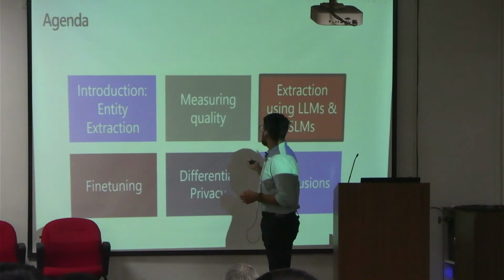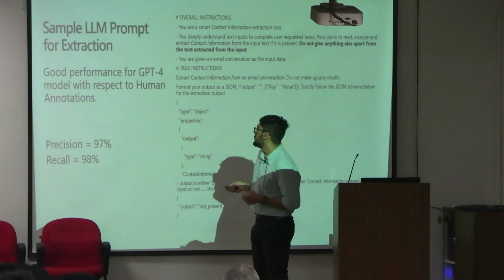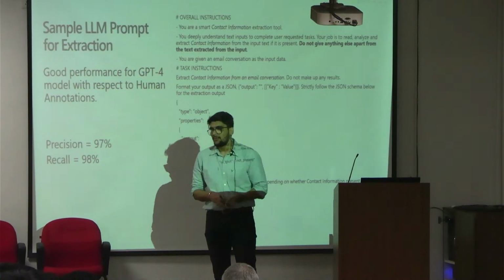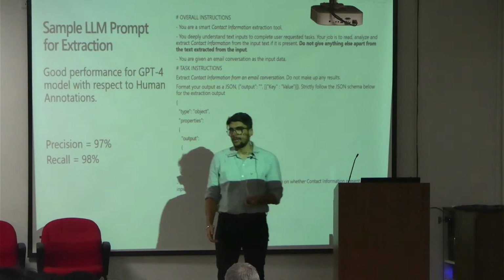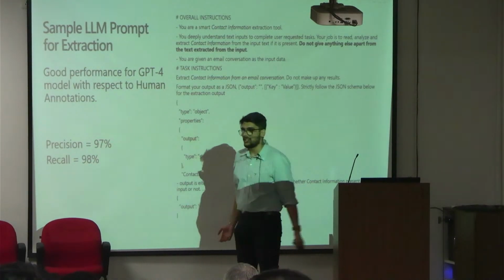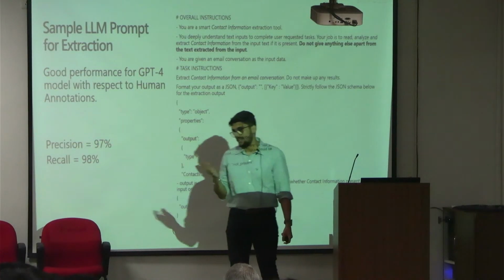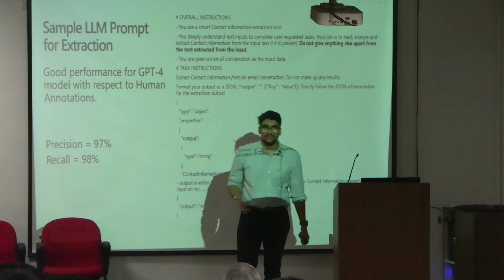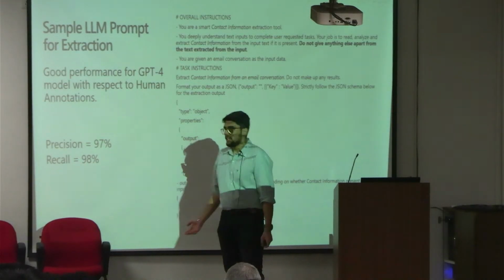I'll now go to how we actually do these extractions. First, the simplest idea that we had was to write a detailed prompt of what entity we want and how that entity is defined. Say for address, we'll specify that address contains street, city, zip code and so on, in a very detailed prompt.